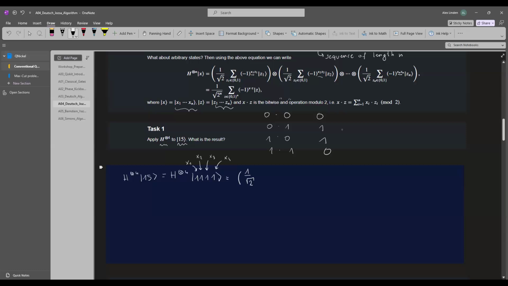So first, let's write just if you applied Hadamard to it. We'll either have 0 or 1.